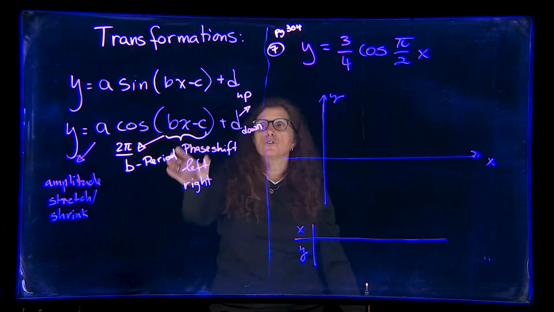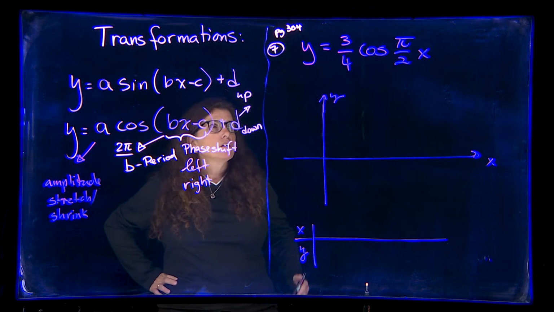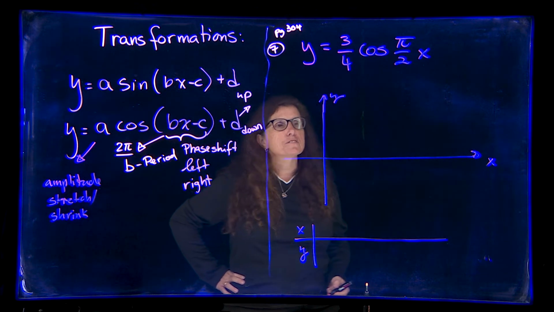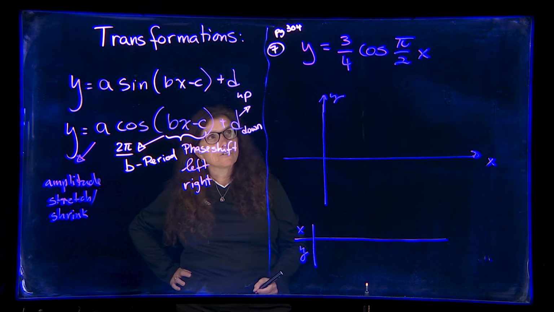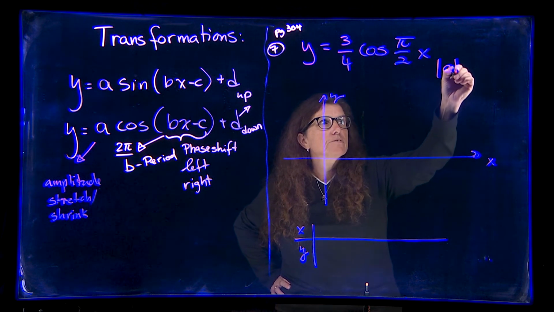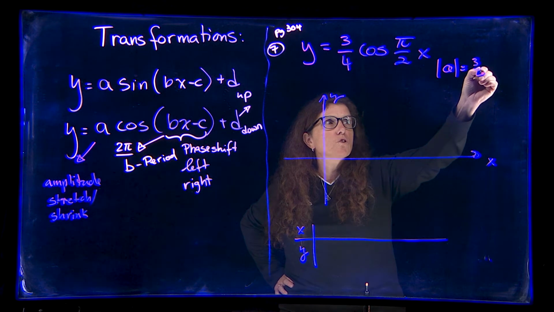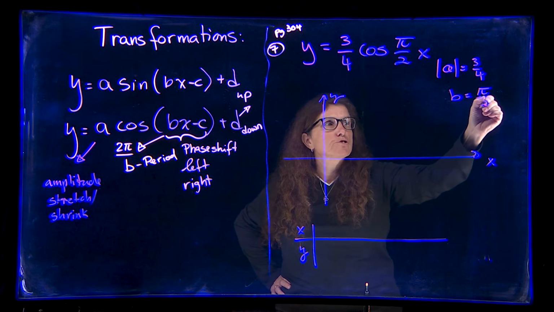We also don't have a phase shift to the left or to the right. So that just tells us that this problem is starting at 0. Now, we have an amplitude here. The amplitude is 3/4, and B in this case is pi over 2.